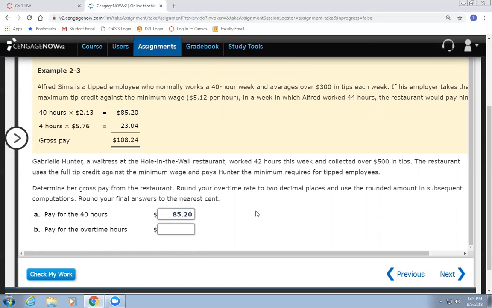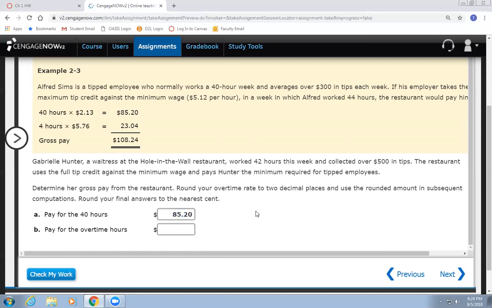If you remember from the PowerPoint, the overtime hour pay is where it gets a little tricky. We take the federal minimum wage overtime rate minus the tip credit to get the overtime rate.